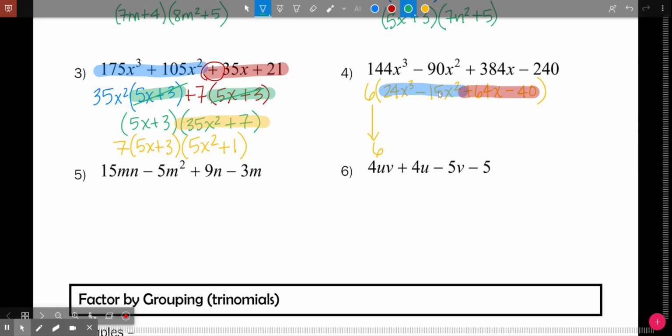So between 24 and negative 15, I have a 3 in common, and they have an x squared in common. So 24 divided by 3 is 8, and x cubed divided by x squared is x. Negative 15 divided by 3 is negative 5, and x squared divided by x is 1.